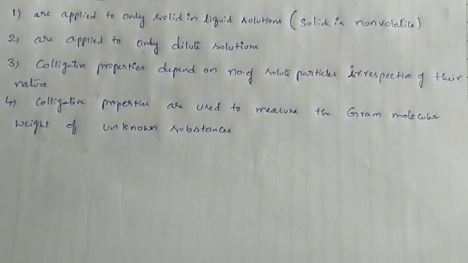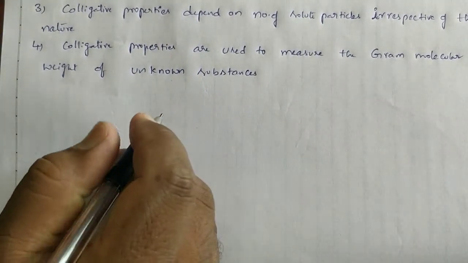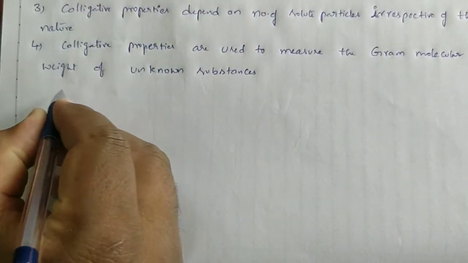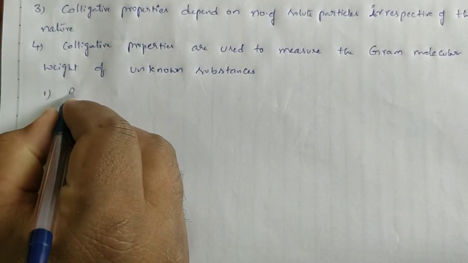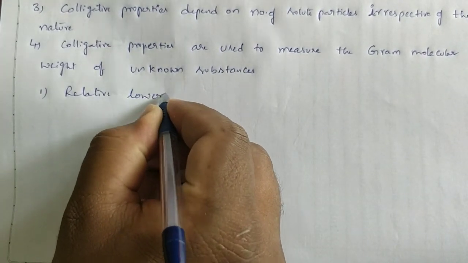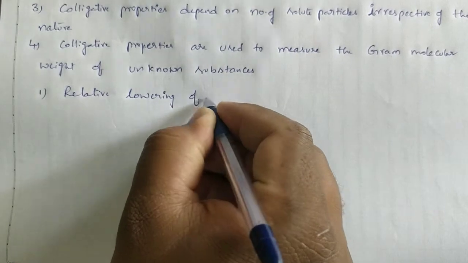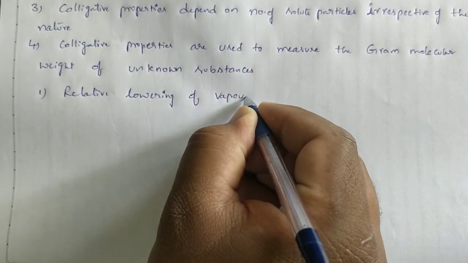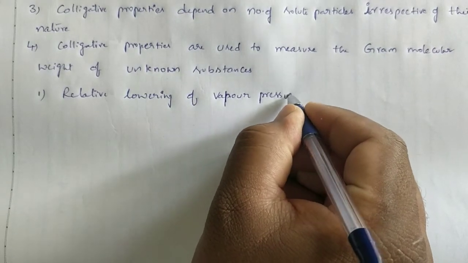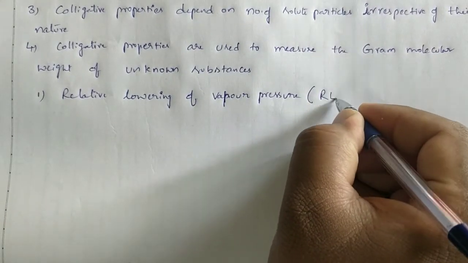Now, what are the colligative properties we have to see? Totally, we have 4 colligative properties. Those are, first one, relative lowering of vapor pressure, RLVP.